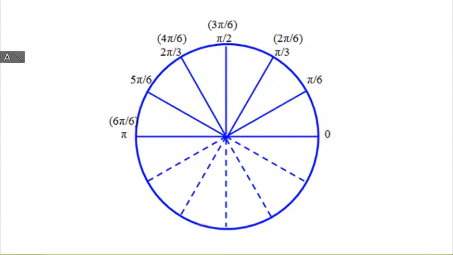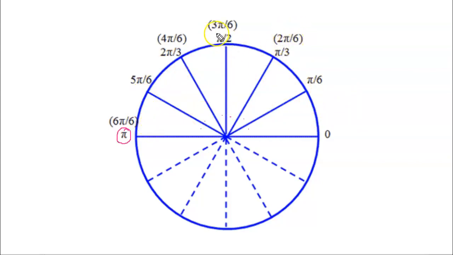If we just acknowledge the fact that half of the circle is pi radians, and we divide that half into 1, 2, 3, 4, 5, 6 equal pieces, then this would be 1/6. This would be 2/6, 3/6, 4/6, 5/6, and 6/6. We're just counting how many sixths there are.